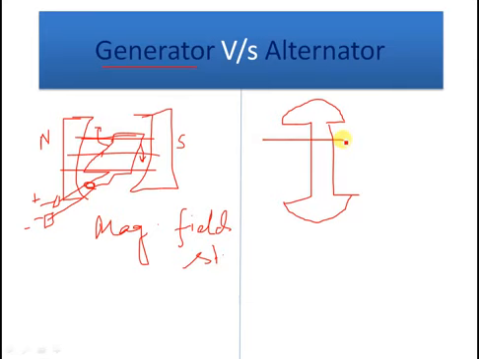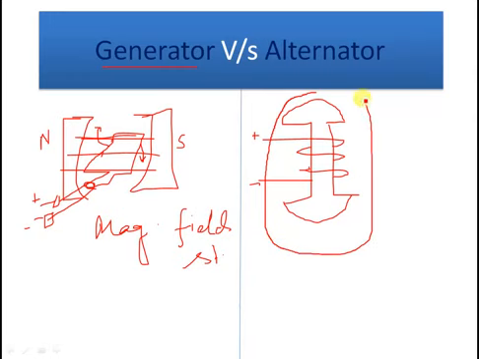It carries a winding, which is called the field winding. The field winding looks like this, and it is connected outside with a battery source or with an exciter. It rotates within a stator frame.